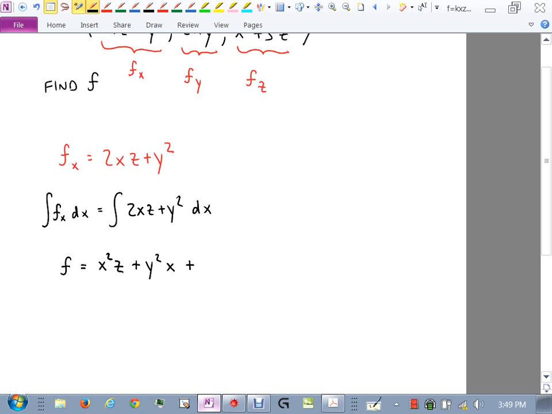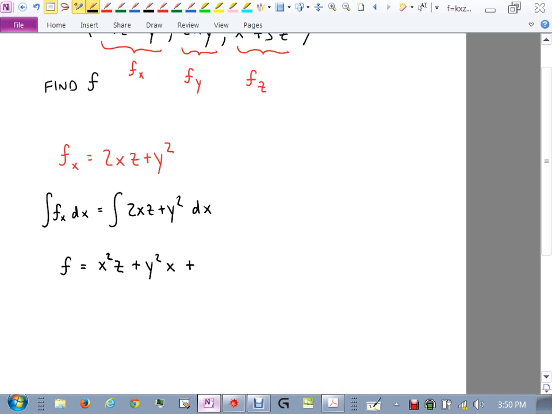Well, my little f was allowed to have what variables in it? My little f is a function, right? It could have what variables in it? X, y, and z this time, right? And anything that had x's, I would have to worry about when I took the derivative and got this, right? But anything that had just y's and just z's in it would have all gone to 0, wouldn't they?